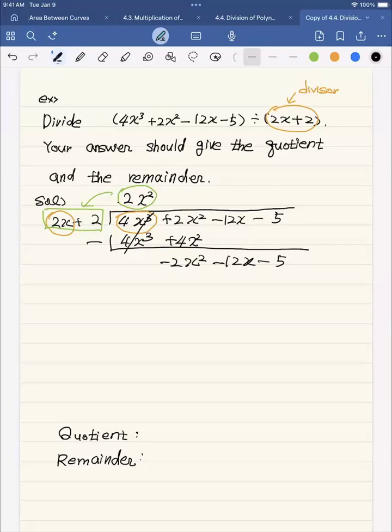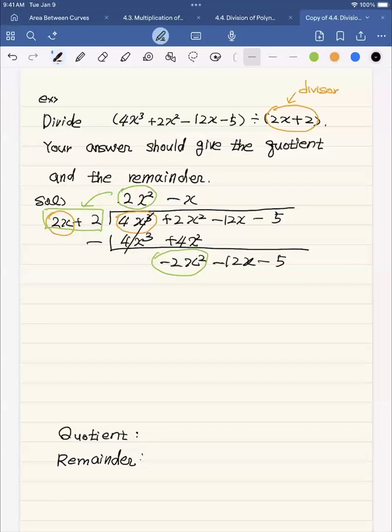Then we repeat the process. We forget everything. Then we consider comparing this term with the divisor. To make the first term the same, we have to multiply by negative x and do the same.